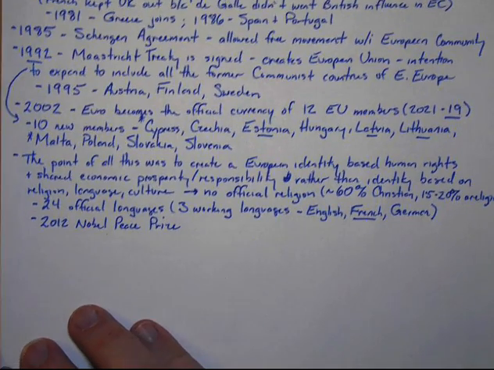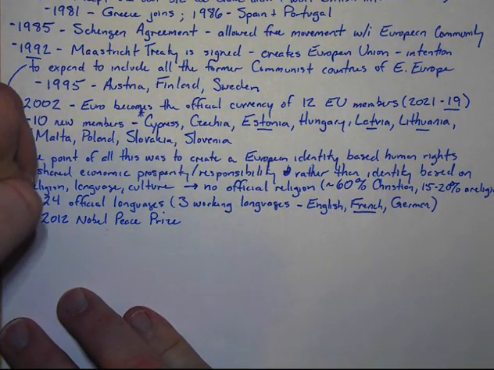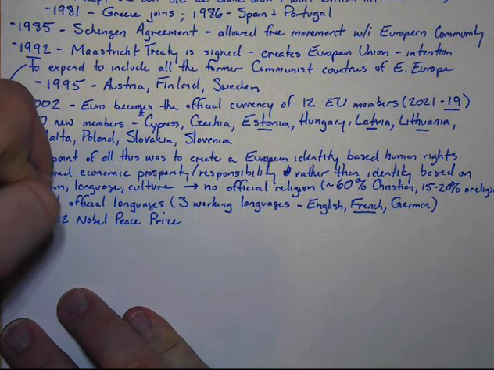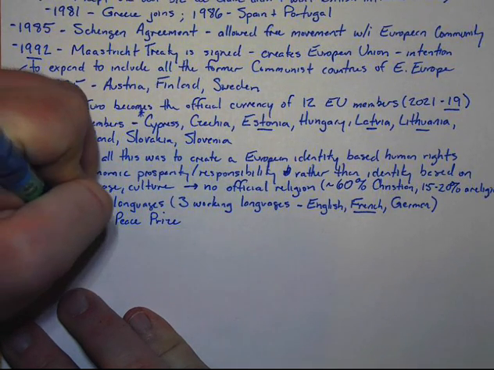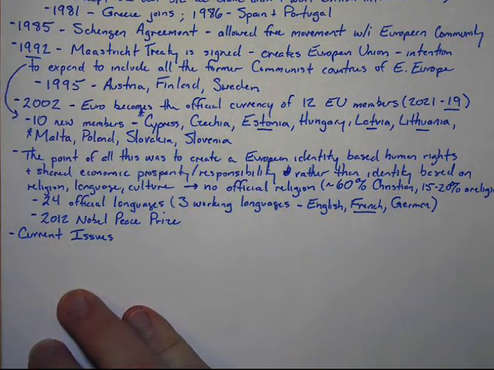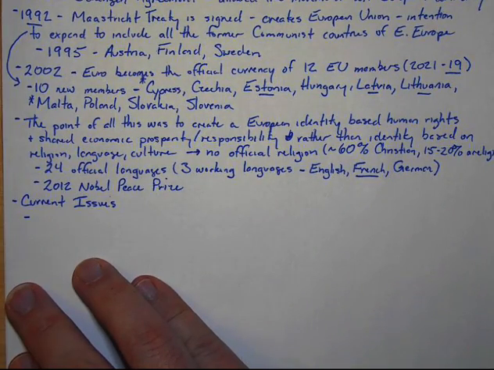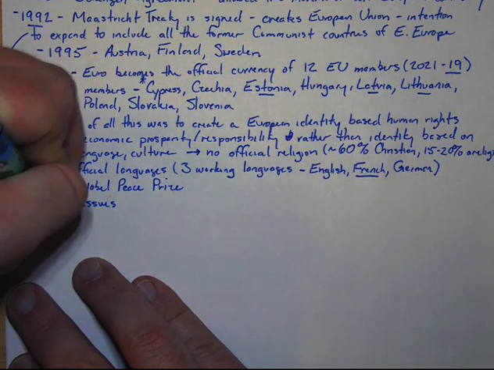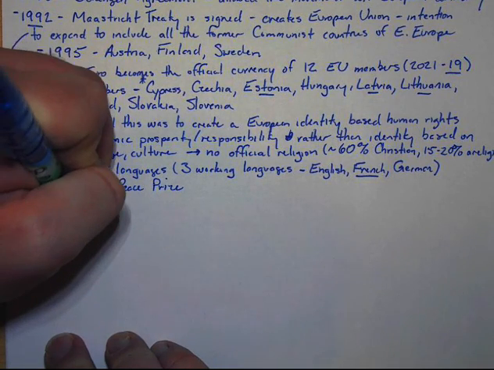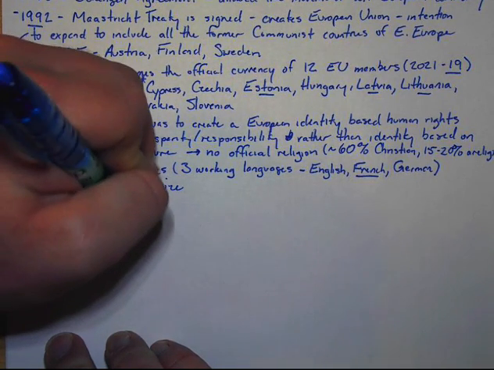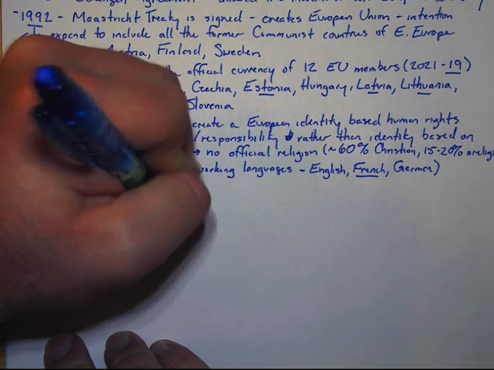Now, there are some current issues facing the European Union. The first one is economic, and this is way too complex to just talk about here with any detail, so I'll just give you a basic summary of it. It's the Greek debt crisis. And this happens in 2009.